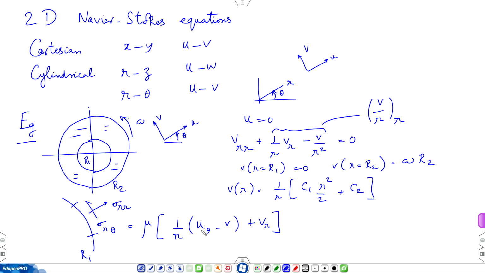Now, this derivative of u itself is 0. So, its derivative with theta is also 0. What about V? V on the surface, it is a stationary cylinder, so V is no slip condition. So, V is also 0.